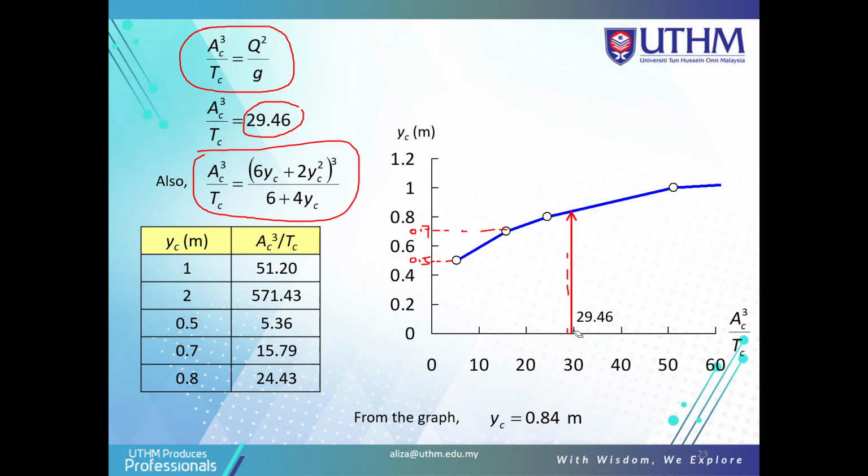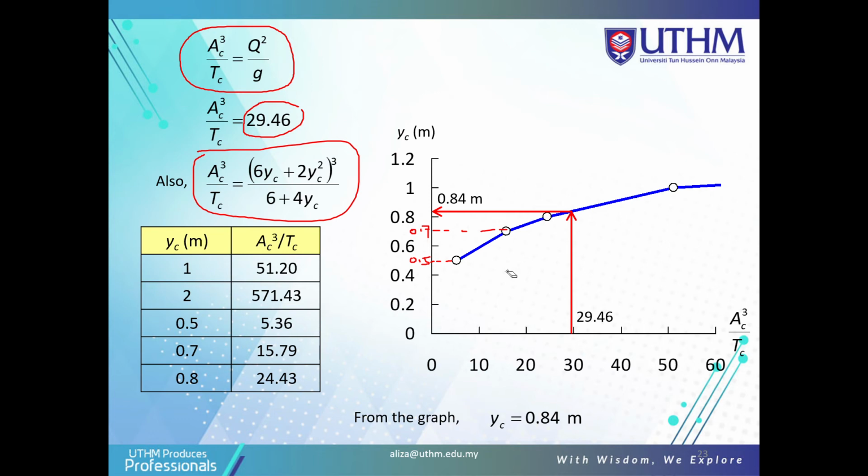So you get this line here, and you just put the line here until you get the value of 0.84. So maybe you get the 0.84, based on this, so you must catch this graph in your graph paper.